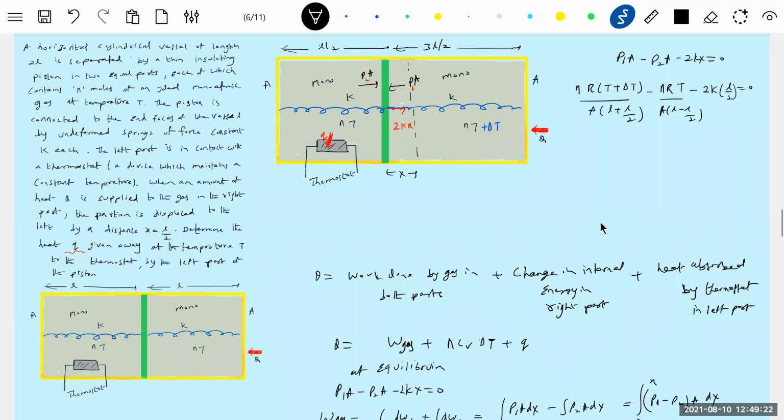What is nR? Still we don't know nR. n, the number of moles, is given. Will equate with one more step. T plus delta T. This will be 3L by 2, no? 3L by 2.